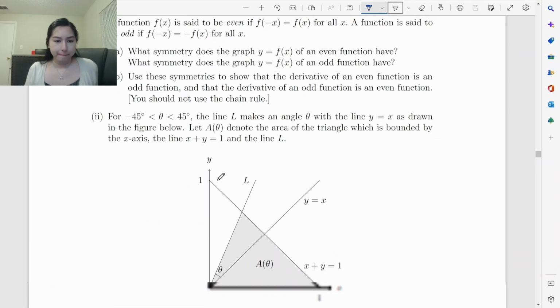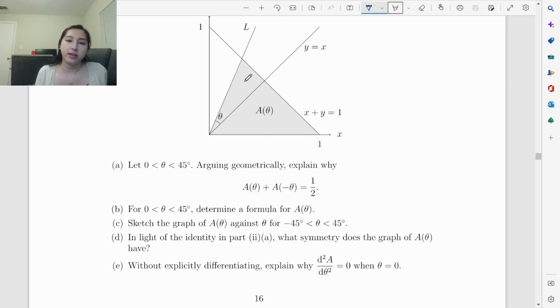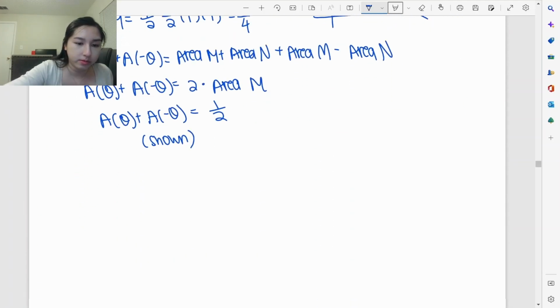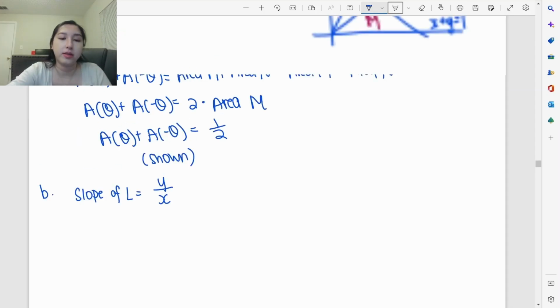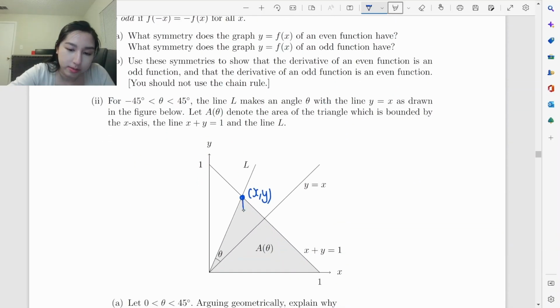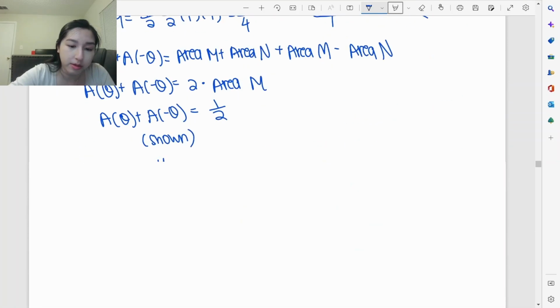So, let's look at part B, determine what A is. We obviously need L first, L is the important bit, so let's call this point x comma y. The slope for L would be y over x, where this is y and this is x, which by trigonometry is tangent of theta plus 45.